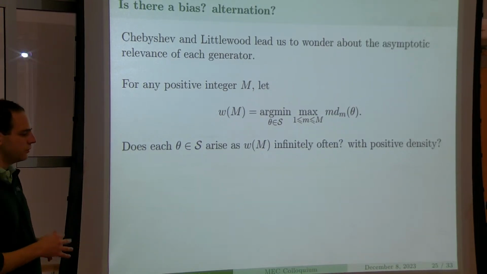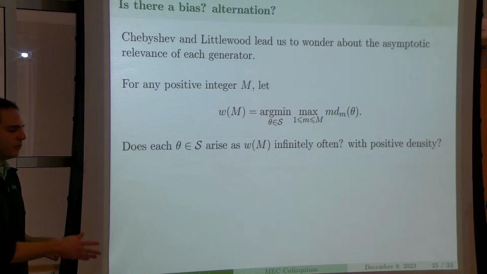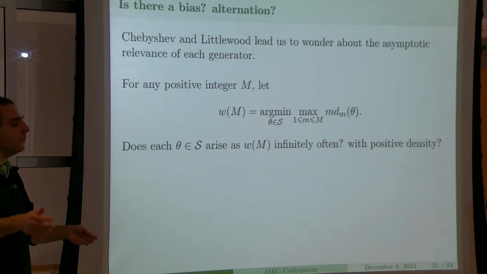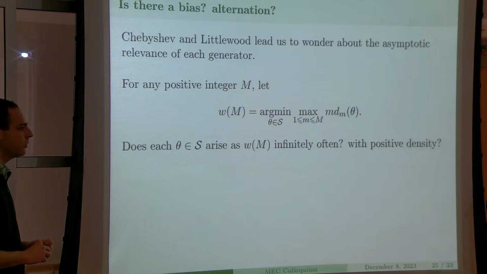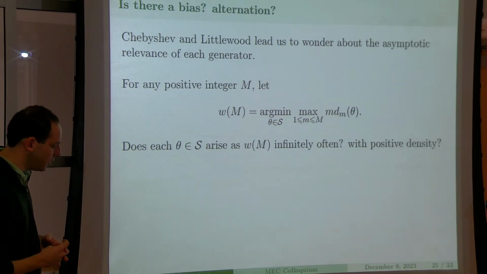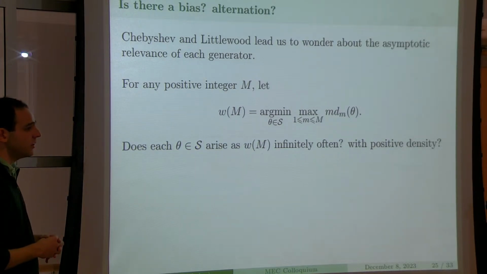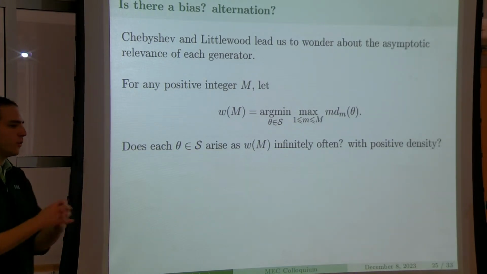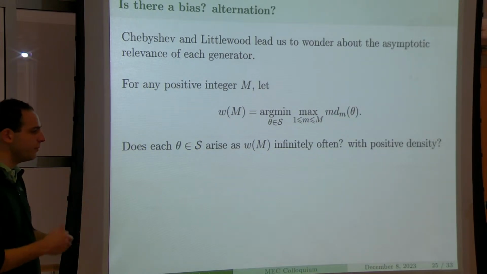But if you count, for really large n, the number of primes up to n that are 1 mod 4 and 3 mod 4, there are more that are 3 mod 4 than 1 mod 4, it seems. This is a result of Sarnak and Rubinstein in the 90s, that there are always more primes that are 3 mod 4 than 1 mod 4, even though asymptotically they're the same.